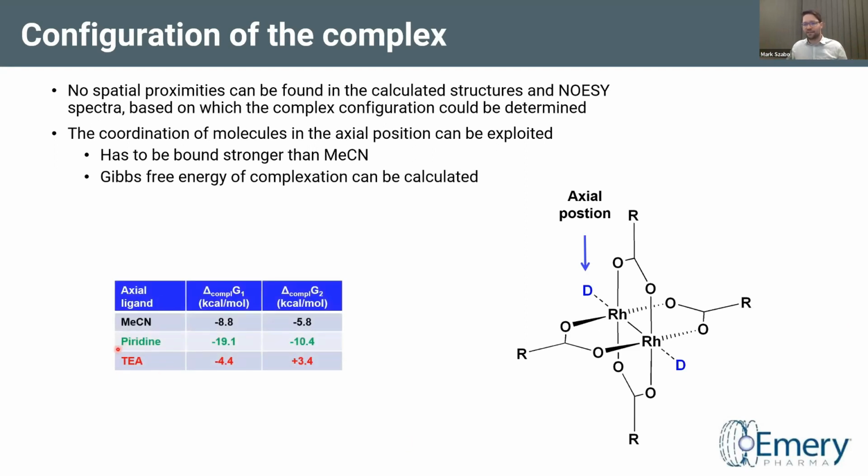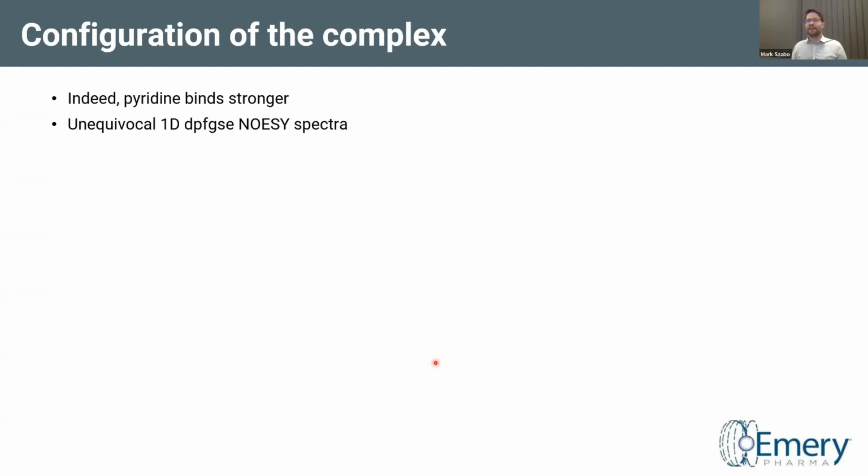And based on this, I figured out that pyridine, for example, coordinates way stronger than acetonitrile. These are the Gibbs free energies of complexation. So I doped the sample with some pyridine. And indeed, pyridine bound stronger to the rhodium core than the solvent. And I could exploit this.